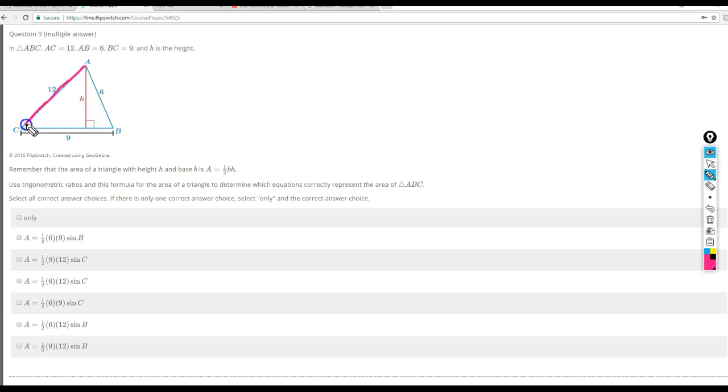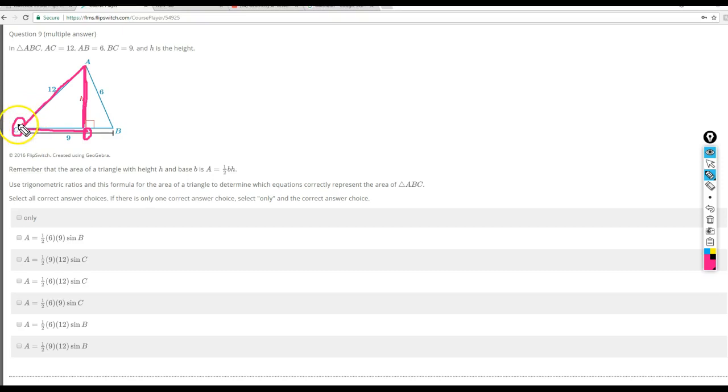So we have triangle ACD, where I'm just labeling this point D. I'm going to use C as our reference angle because in the options given we have sine of C, sine of C, sine of C. And since C is the angle in the triangle ACD, that's going to be my reference angle.